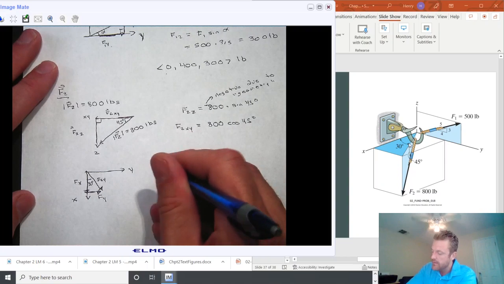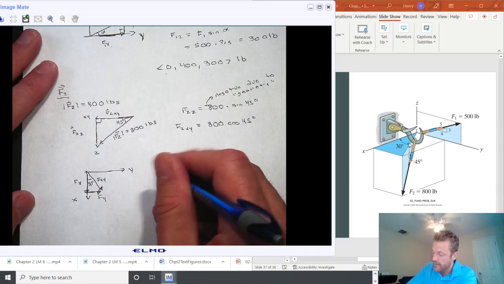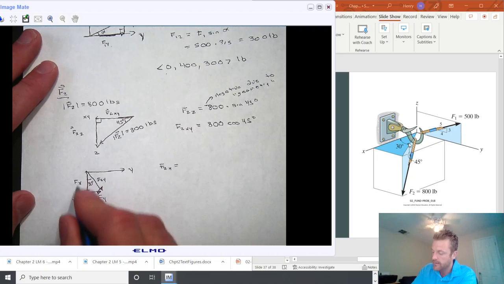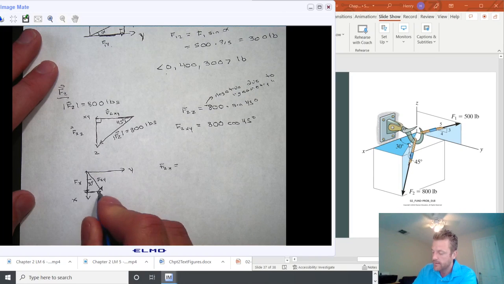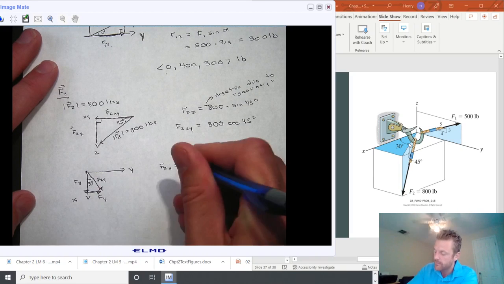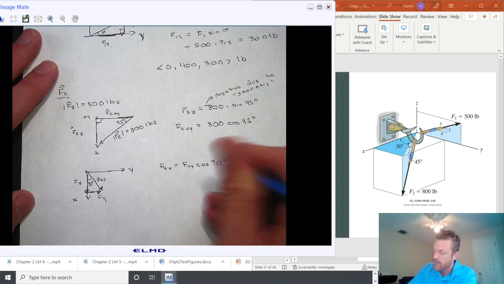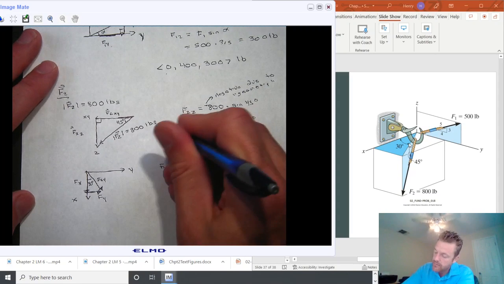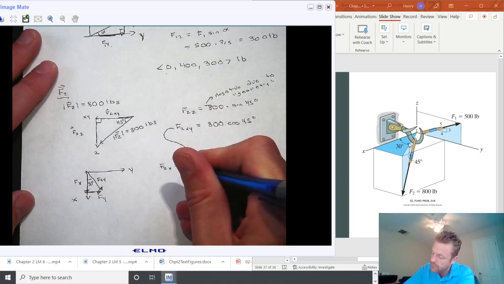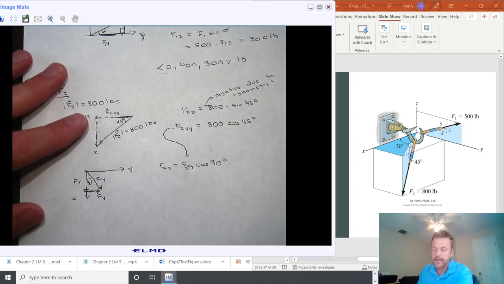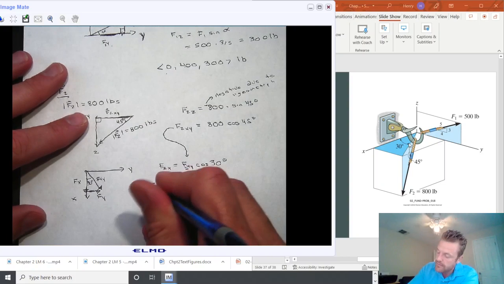So what we can do is express, and this is, again, all F2, F2x. How would I get this? Well, I take whatever this side length is and multiply it by cosine of 30. So I'll actually show it here: Fxy cos 30. But what is the Fxy component of F2? So F2xy, you can leave that out since for the other vector we didn't have to do this projection.